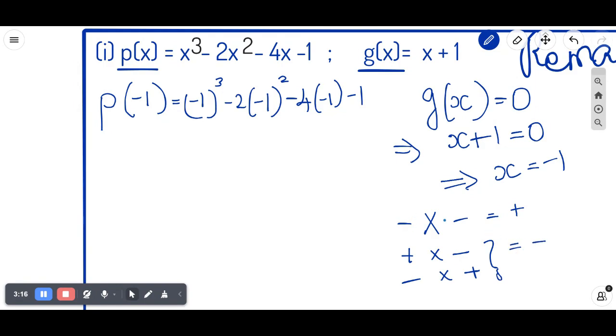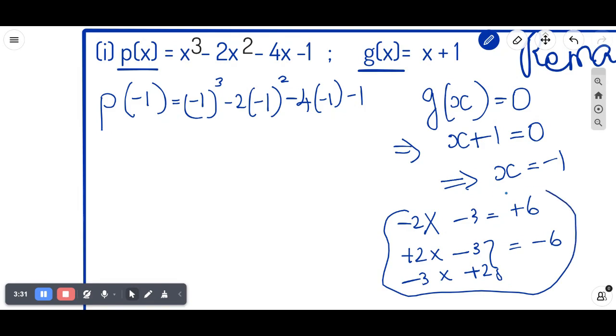With numbers like 2 and 3, it will be plus 6 for same signs, and minus 6 for different signs. In the same way, minus 3 and plus 2 is also minus 6. Please be very careful with this. Once you are done with the remainder theorem, these signs play an important role.